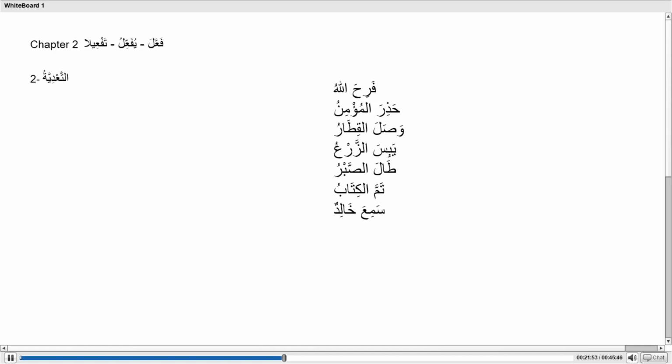وأنت مصيبة. Yani, and you are correct. This is one of the 33 verbs which can come on both, yani which are heard on both chapters, both ways.